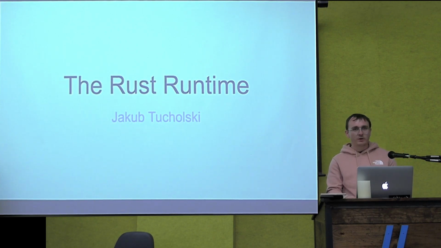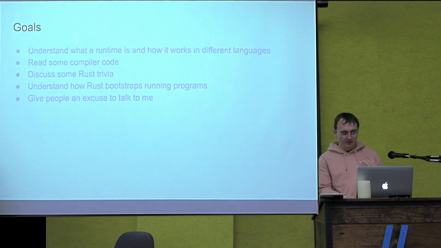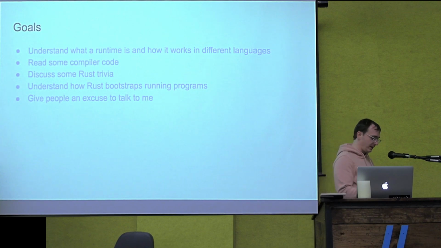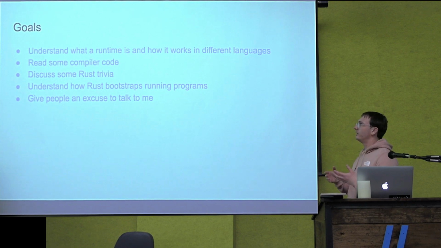So what we're going to be talking about today is the Rust runtime. Firstly, I'm going to take a second to lay out the goals of this talk, and then we'll do a little bit of Q&A before diving in.